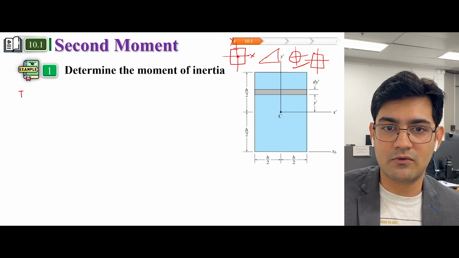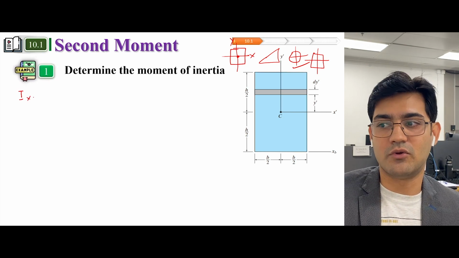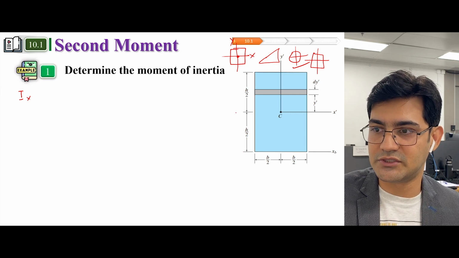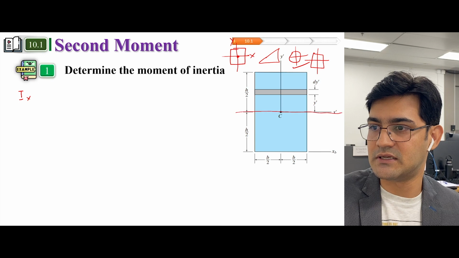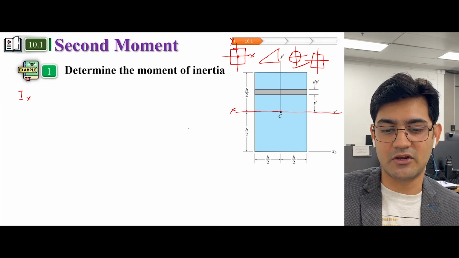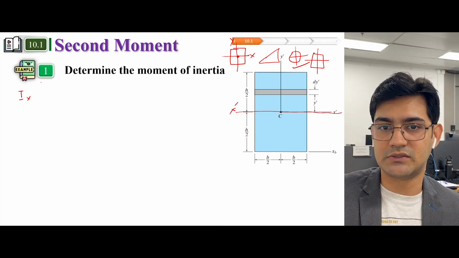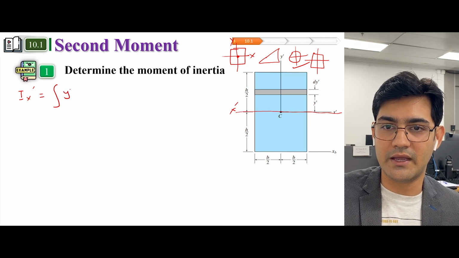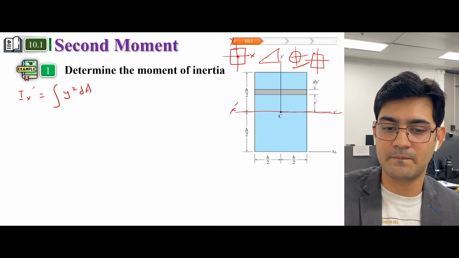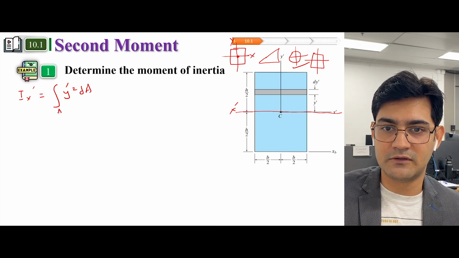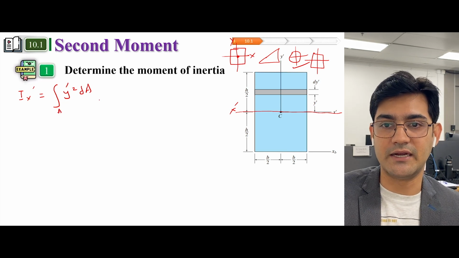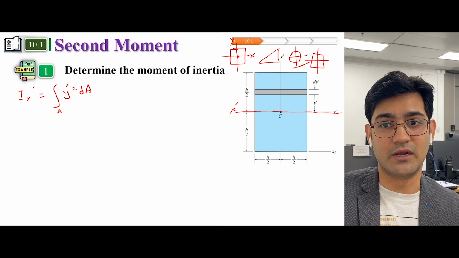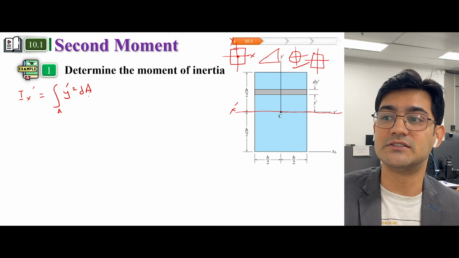Later in the example, we will directly use the answer. Now, if we want to calculate the moment of inertia along the x-axis, which is this axis, the moment of inertia would be equal to the integral of y squared dA, as we have studied in the previous slides. If we use this formula, we can calculate the moment of inertia of this square shape.